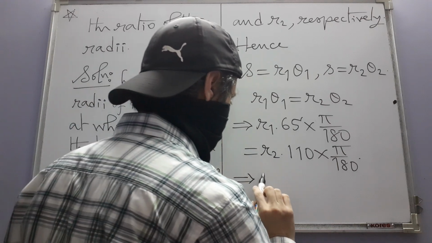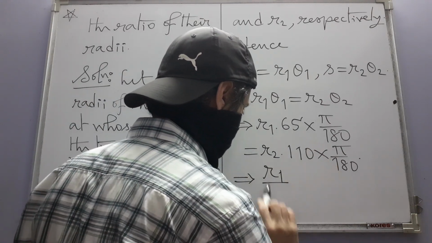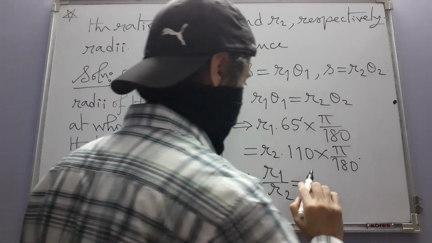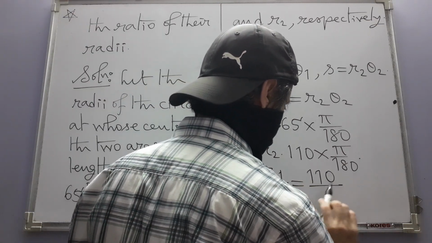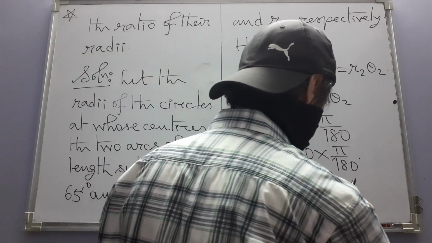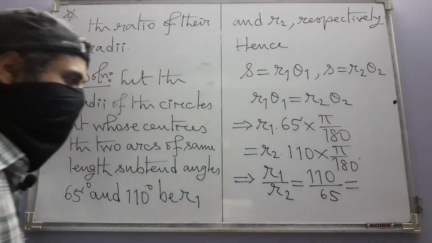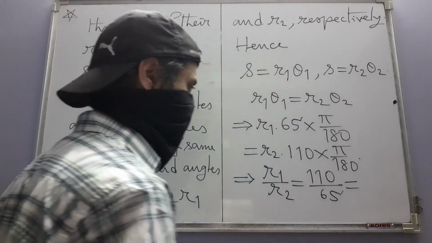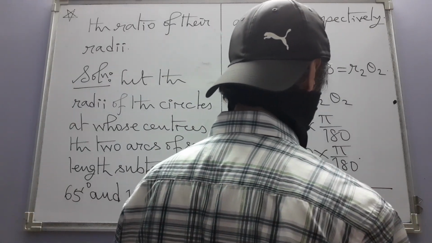And this gives us, after cancelling that common term, R1 divided by R2 equal to 110 divided by 65, where because both the numerator and denominator are divisible by 5, further simplification is possible.